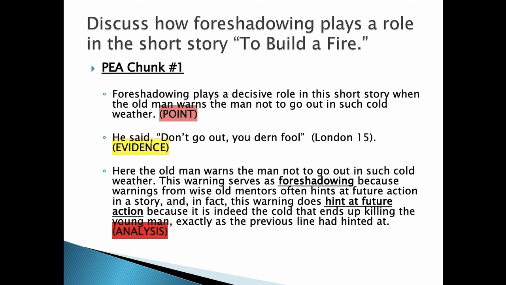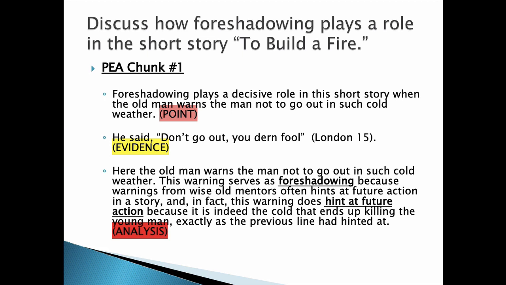So our analysis section deciphers what the quote actually says in case it needs deciphering, and it connects it back to the claim. The claim and point we had made was that this line serves as foreshadowing. So our analysis has to show how this line serves as foreshadowing. And the point of foreshadowing is it hints at future events.